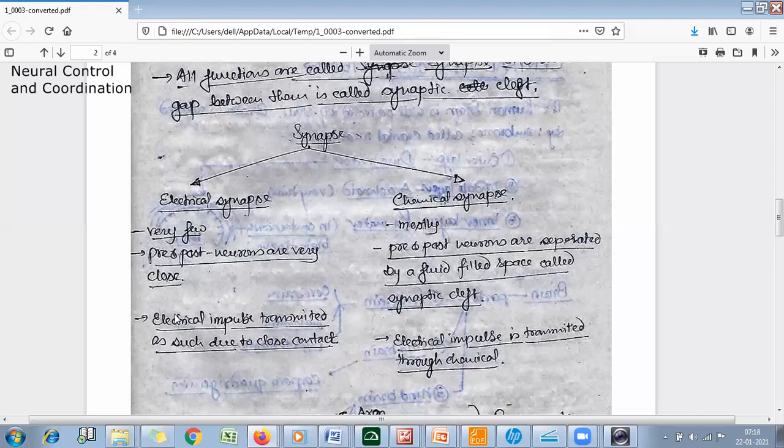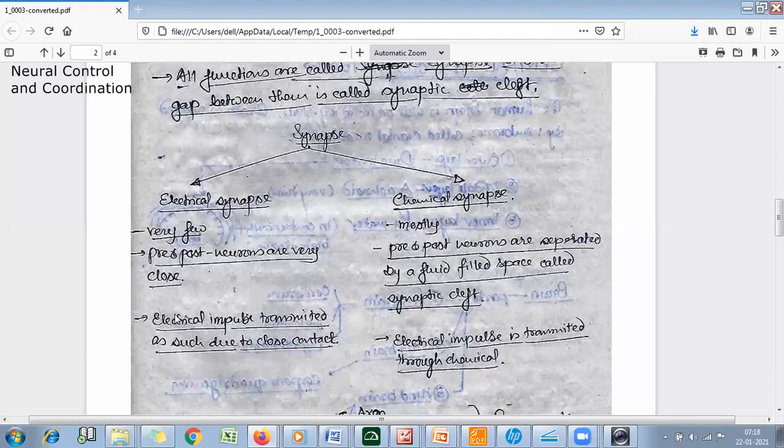We have seen that the signal through a neuron moves in the form of an electrical impulse. When it is transferred to another neuron in close contact, this is called an electrical synapse, and these are very few in the body.